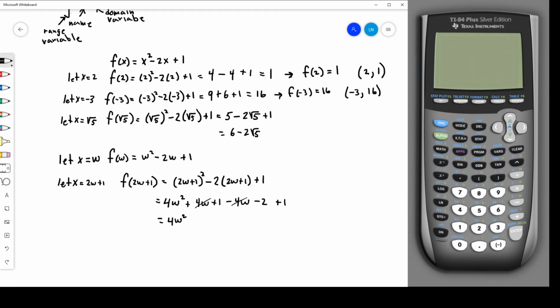There's no set way of finding the range. Like there's not a formula I can tell you, do this and you will always get the range. You have to have some knowledge about what functions look like. You have to have some information about where functions top out or bottom out. We talked about max and min in class yesterday.